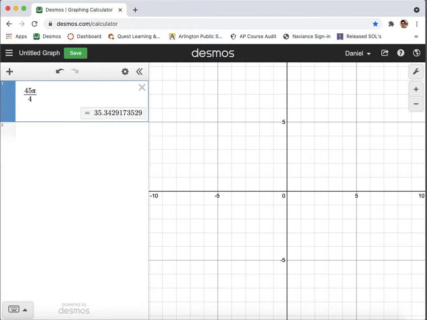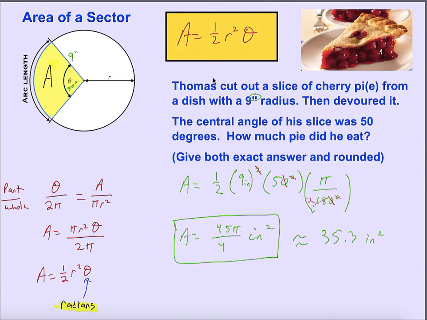So that's about 35.3 square inches. I certainly like numbers when they're exact, but it's nice to be able to turn it into a rounded decimal if we needed to compare it to how much pie somebody else ate from a different size pie.